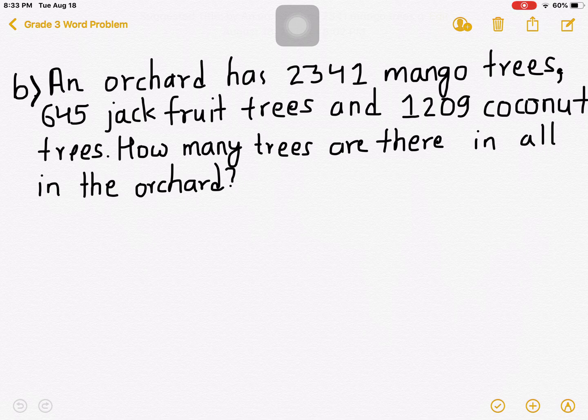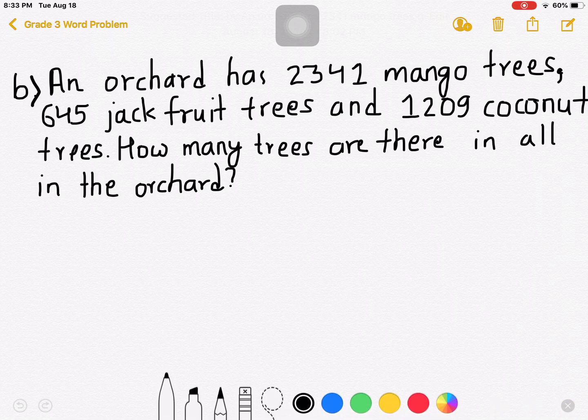Now we have to identify what is given here. Number of mango trees, then jackfruit trees, and then coconut trees, isn't it?